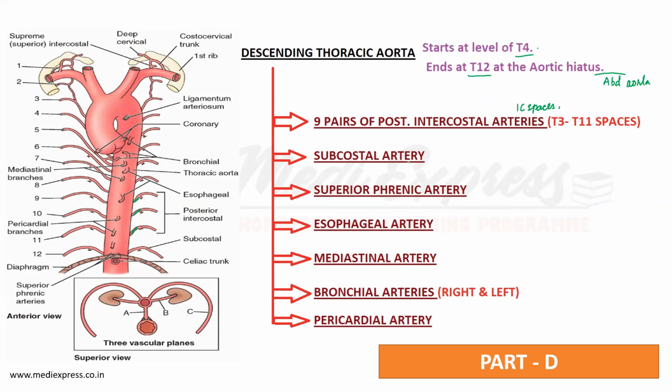The next one we're talking about is the subcostal arteries. You can see we have a subcostal artery over here. The next branch is the superior phrenic artery. Then we have the esophageal artery, and remember this is an unpaired one.